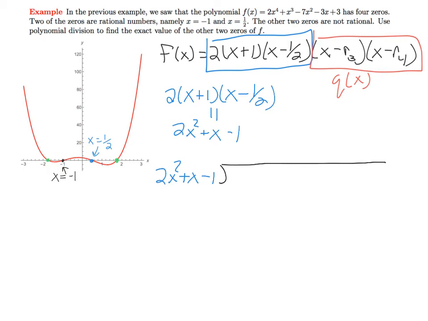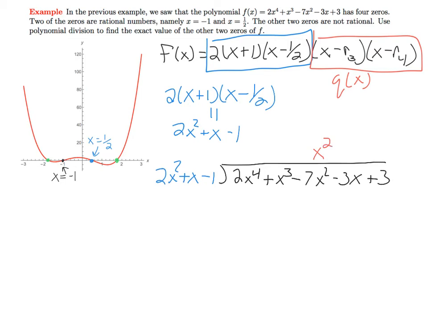into the polynomial that we started with, which was 2x to the 4th plus x cubed minus 7x squared minus 3x plus 3. So doing some polynomial division, I would multiply 2x squared by x squared in order to match the leading term.